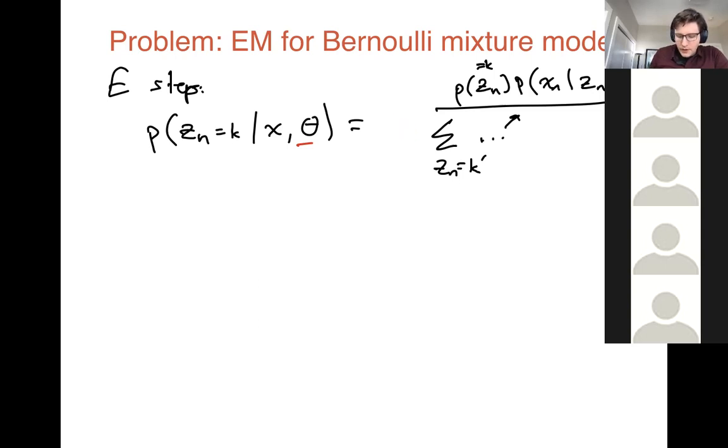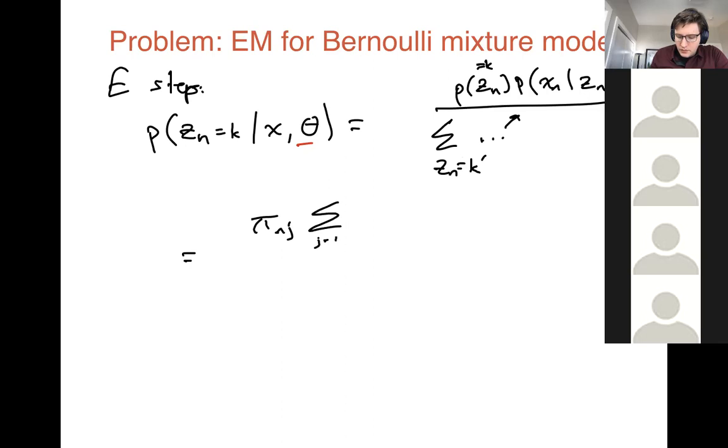We can write out exactly what we mean here. So what is probability of Zn? That is just pi k. What is probability of Xn given Zn?